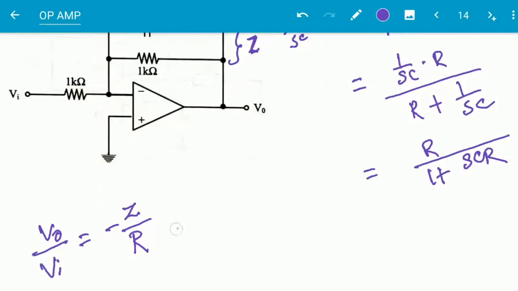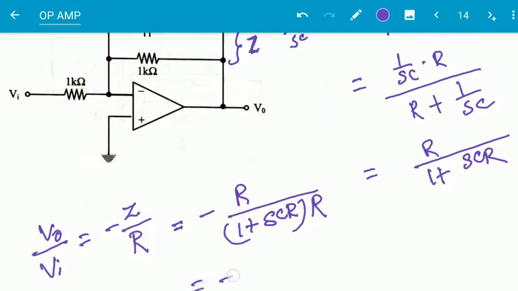So this will be minus R by 1 plus SCR, whole into 1 by R. So this will be equal to minus 1 by 1 plus SCR.